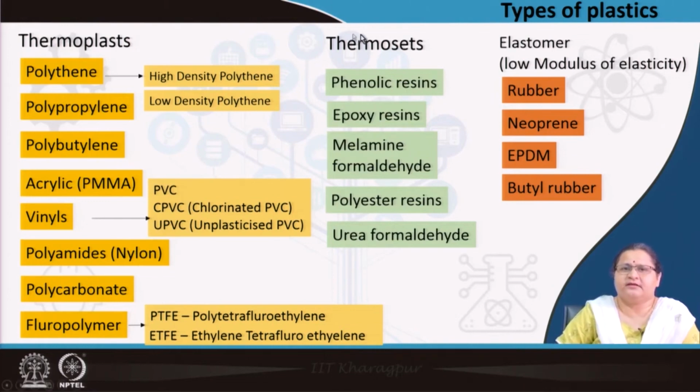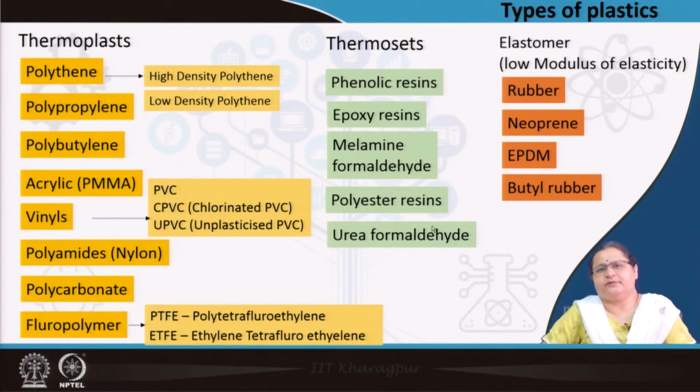Other is the thermosets. You see the resins: polyester resins, phenolic resins, epoxy resins, and the formaldehydes, melamine formaldehyde, urea formaldehyde. Where do we see these? These are all in adhesives. EPDM, where did we hear this term?